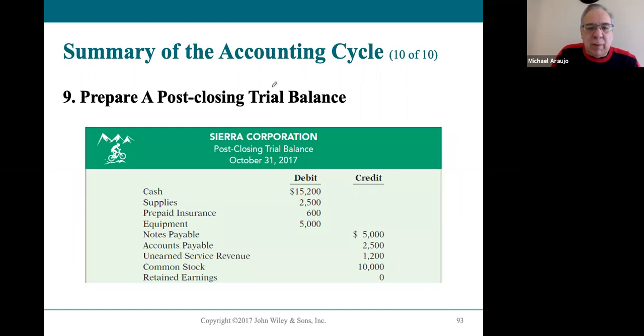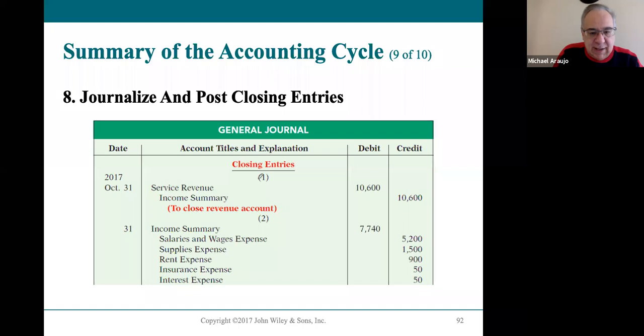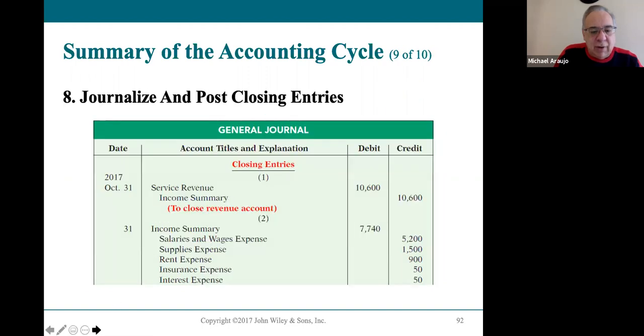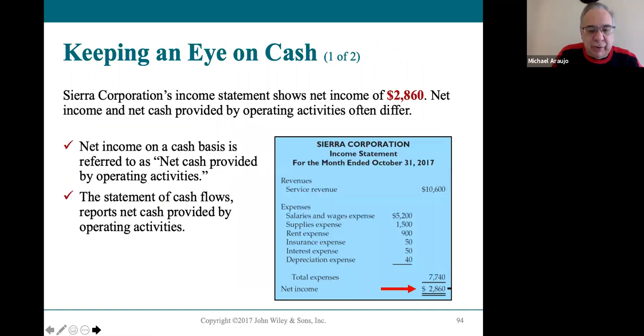Okay, so in the post-closing trial balance, this example here, at the bottom of page 178, you'll see after you do your closing entries, which was that last thing that we did, you will see the post-closing trial balance will simply have your asset, liability, and stockholders' equity accounts. Your dividends account and your revenue account should show zero balances.